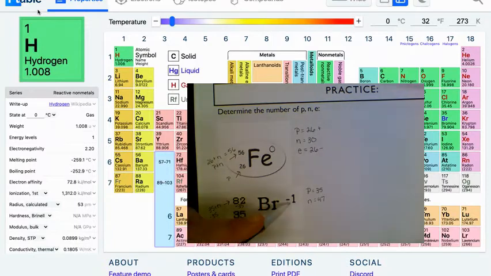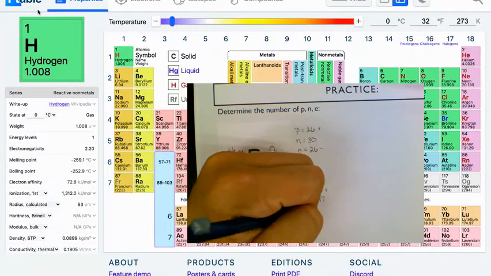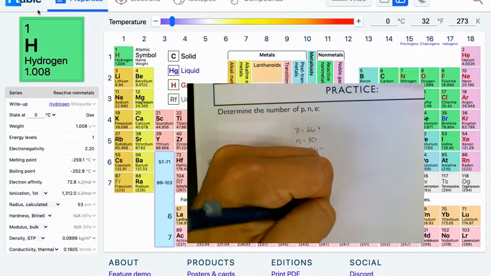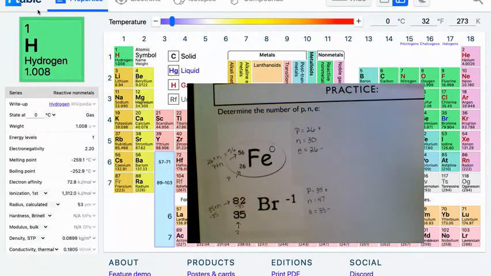And now I have a charge of -1. Well, you got to think of positives and negatives. So I'm going to go ahead and make this neutral first. So the trick is make it neutral, then adjust your electrons accordingly. So I have 35 and 35, and that would give me a charge of 0. But the problem is I have a -1.